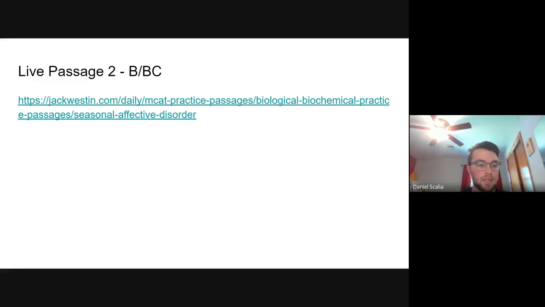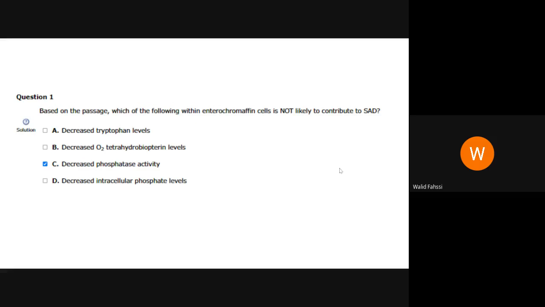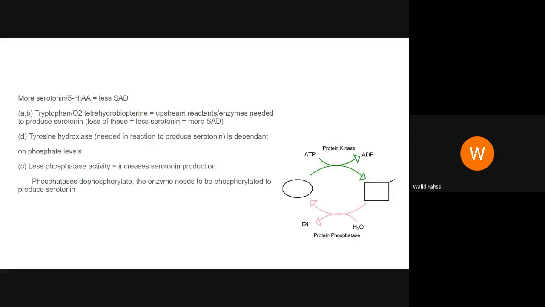Yeah, so would you like to explain your reasoning? Of course. I went to the first paragraph, and there was a sentence that talks about the rate of the reaction being influenced by all these different factors. Then I looked at my answers and saw which ones were relevant, like A, a decrease in tryptophan levels, that will affect it.